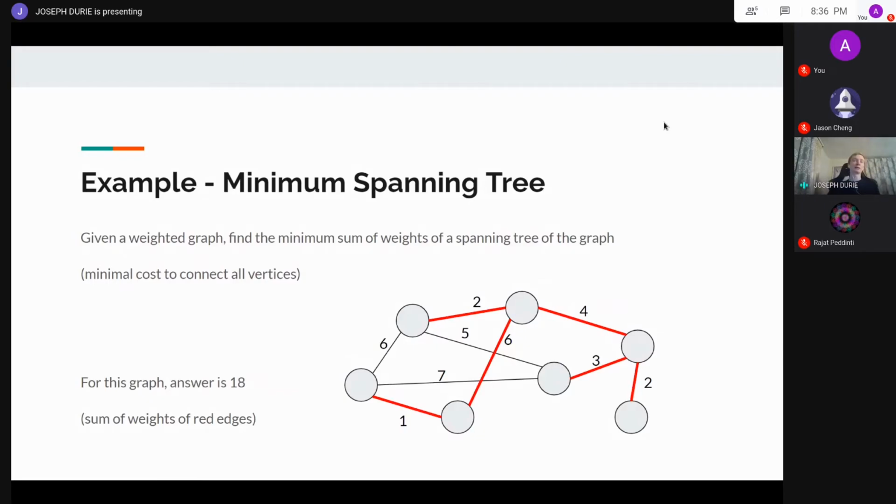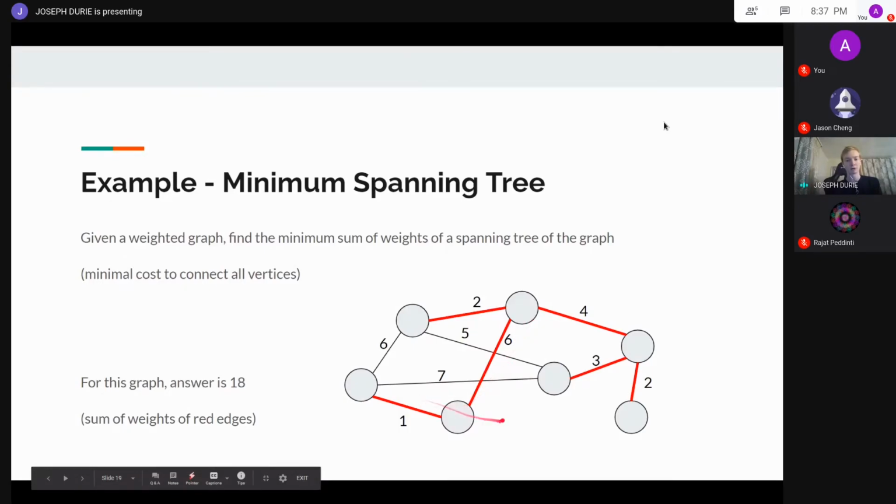Basically, we want to find the minimum spanning tree of a graph, which means you look at all the trees that connect all the vertices, and you want the minimal sum of weights on the edges. You can think of it as the minimal cost to connect all the vertices, where the cost is the sum of your edge weights. So for this graph, the answer would be 18, because you take the sum of the weights of these red edges.